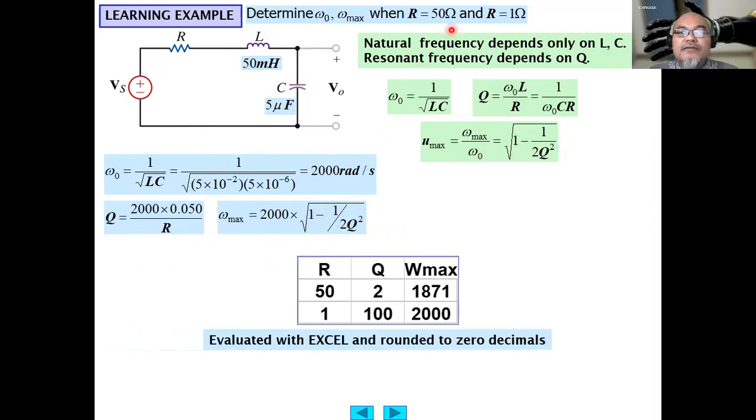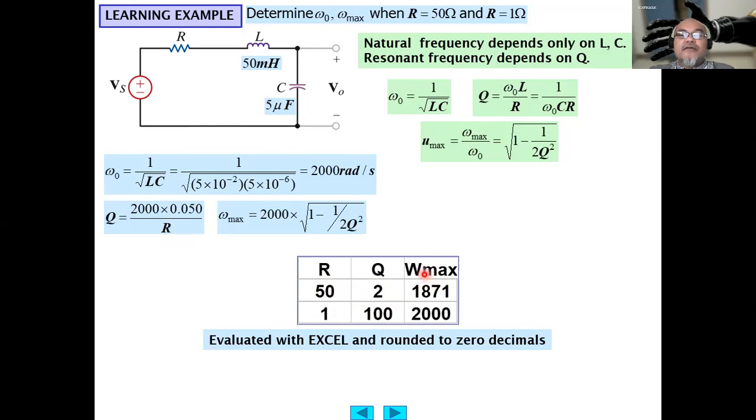Using Excel, when R is 50 ohm, we obtain Q to be 2. When R is 1 ohm, the Q is higher, becoming 100.